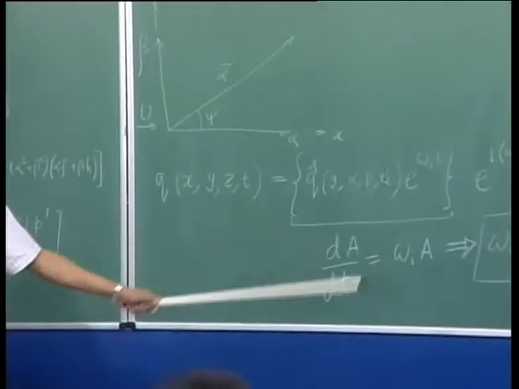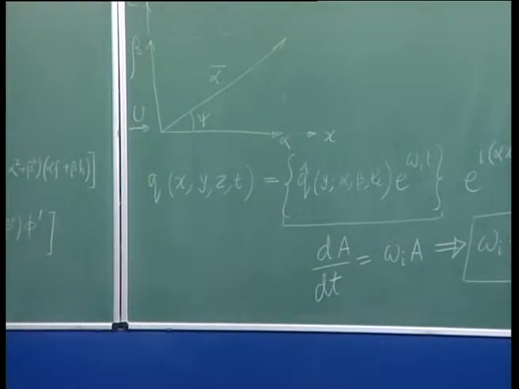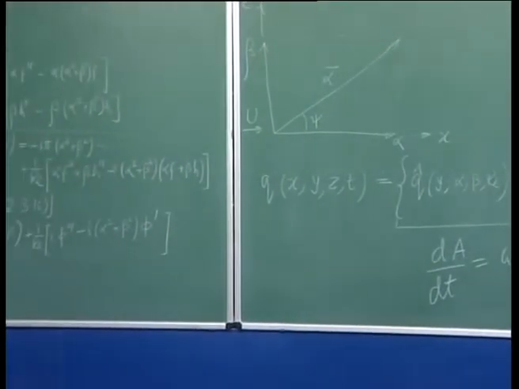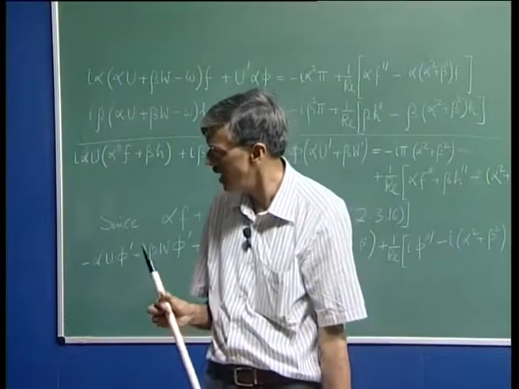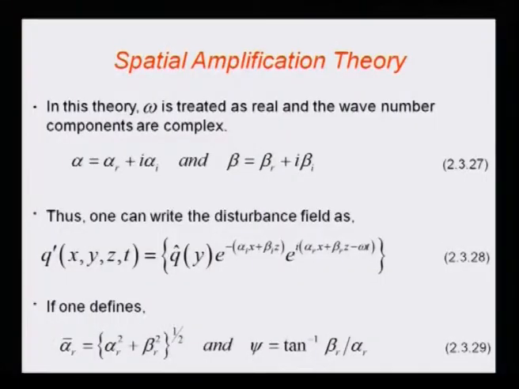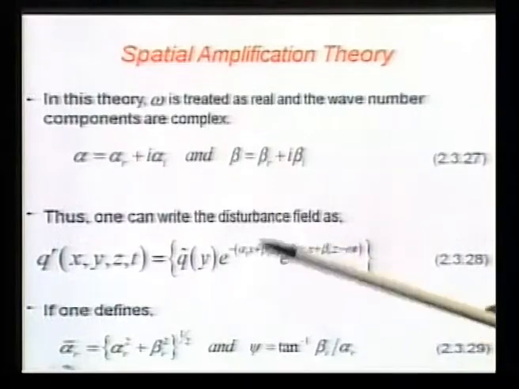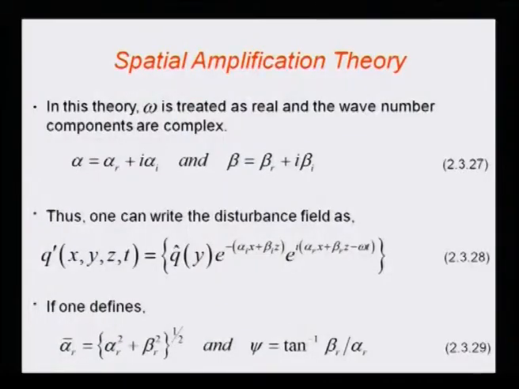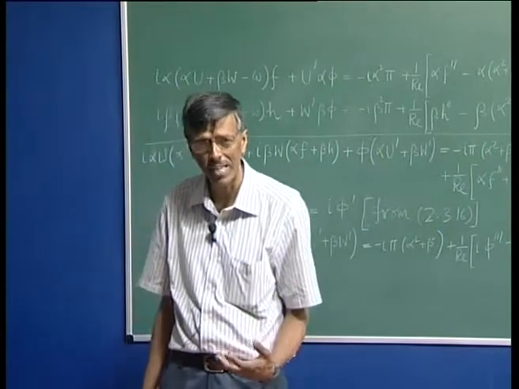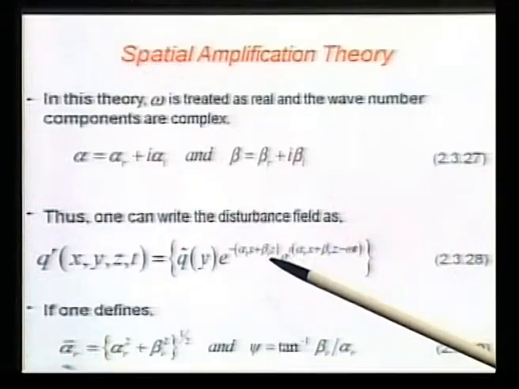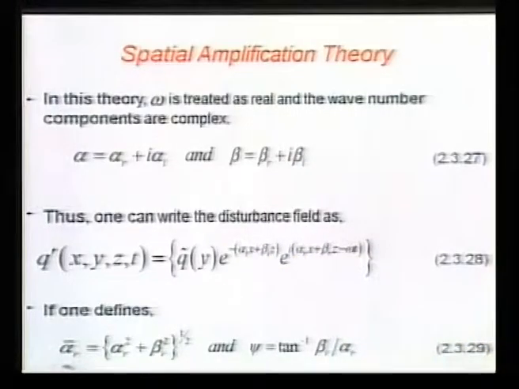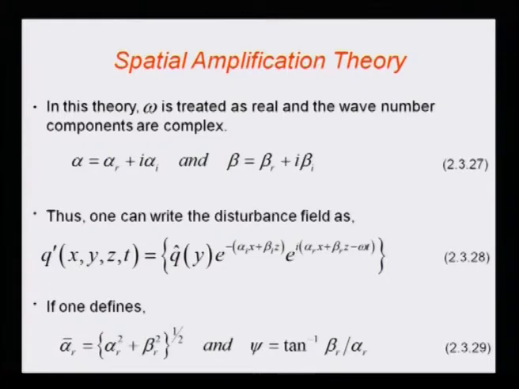There it was a plus sign. So, we can obtain the alpha i's and beta i's, and if their net sum effect is negative, then of course, this will grow in space, right. We will talk about it slowly.